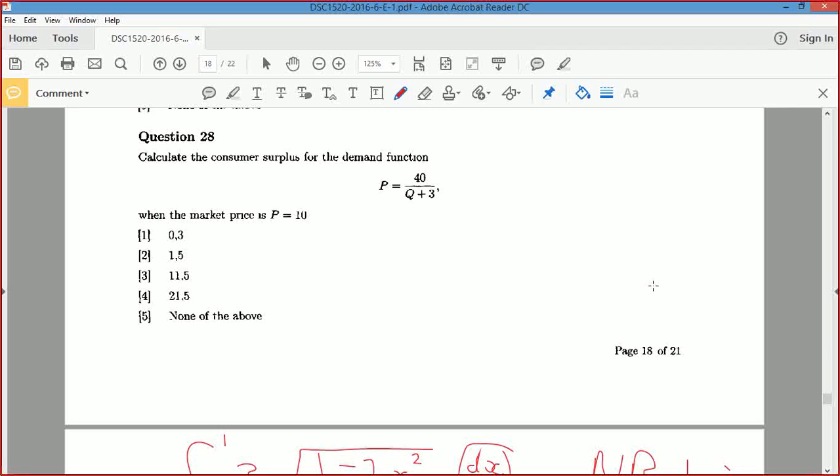28? Calculate the consumer surplus for the demand function. So how do I find consumer surplus? We just did this. So we first need the price, so we've got to plug in the price.